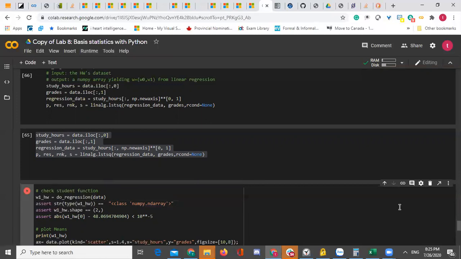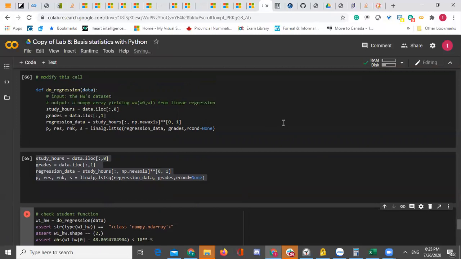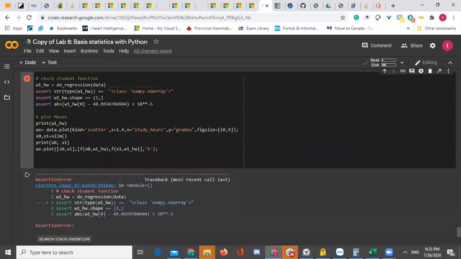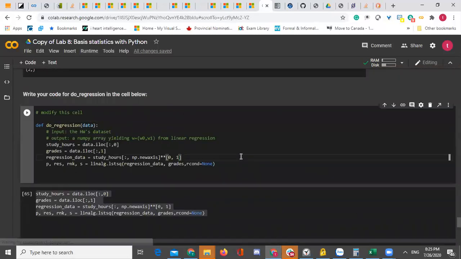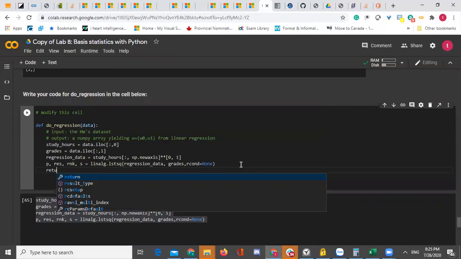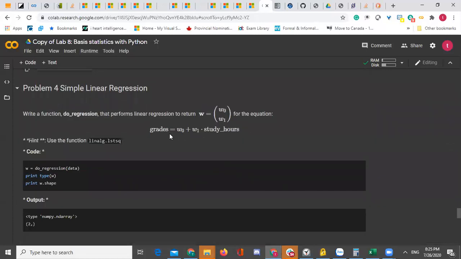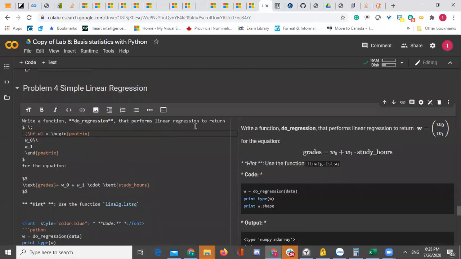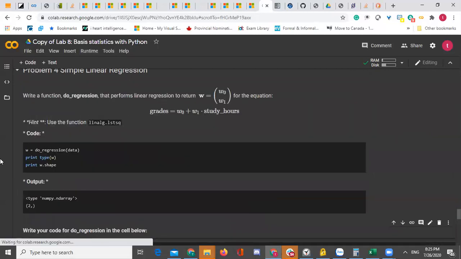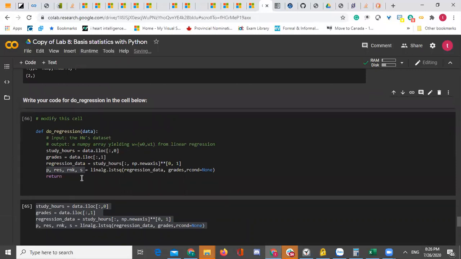The function, what should the function return? Oh, that's right. Should just return the. I don't even know what is return. Sorry, I don't know what it should return. Read the instruction. Oh, we should return all of this.